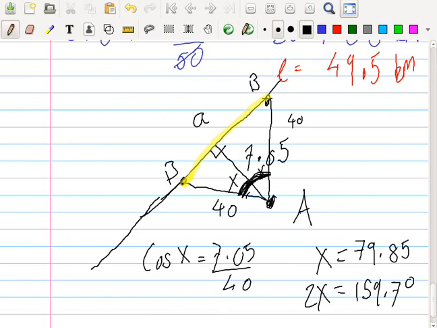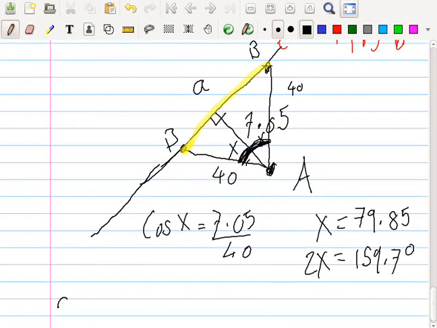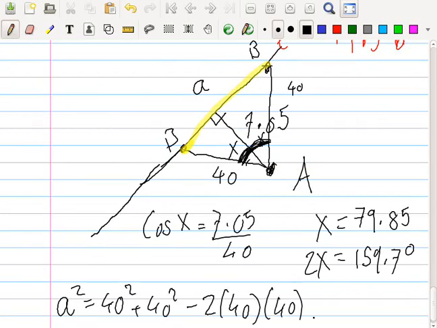Now, we have side, and angle. So now I can use which rule? Cosine rule. A squared equals 40 squared plus 40 squared minus twice 40 times 40 times cos 159.7.